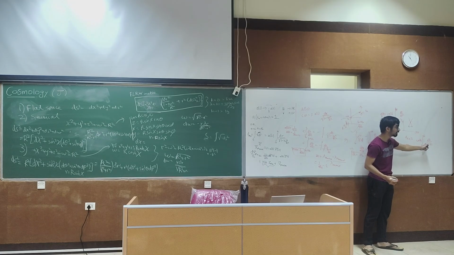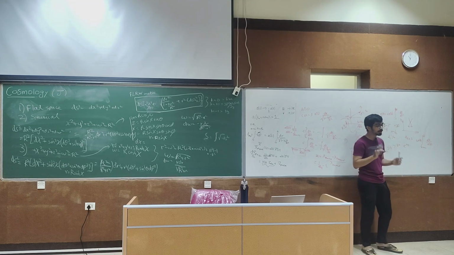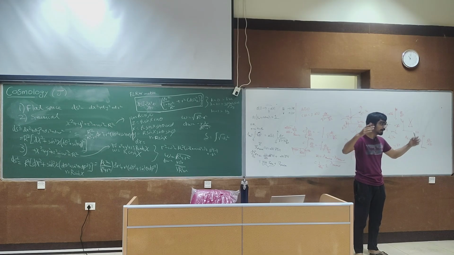So even if you send out light rays now, there would be a maximum distance that they can reach, and that is called the event horizon.